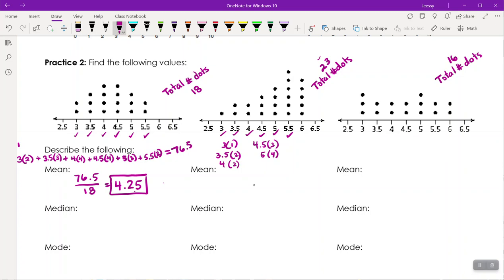Think of it as scratch work. That's why I'm stacking them to use less space. 5.5 happens how many times? 1, 2, 3, 4, 5, 6 times. And 6 happens how many times? There you go. So now figure out how you're going to put that in the calculator with plus signs in between.